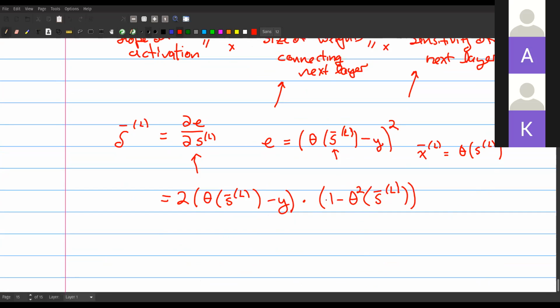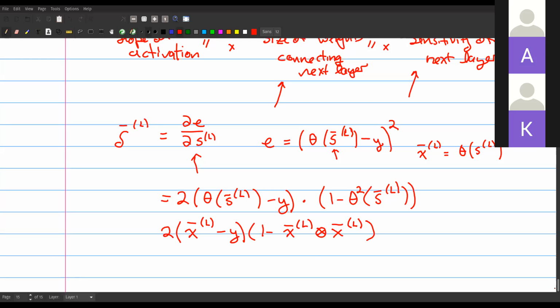We can rewrite this as 2 times x^L, which is just the output of the entire process, minus y, times 1 minus x^L squared. And the output of the final layer should just be a scalar. So this will just be ordinary multiplication if you have only one output node.